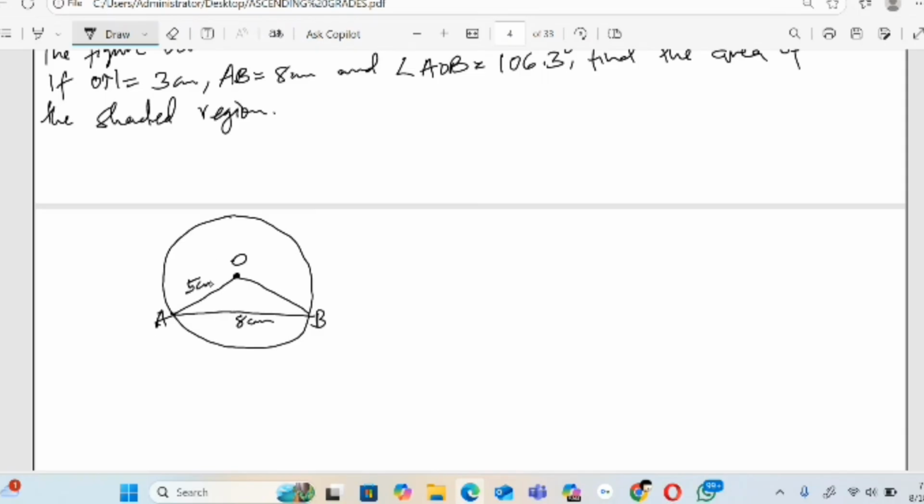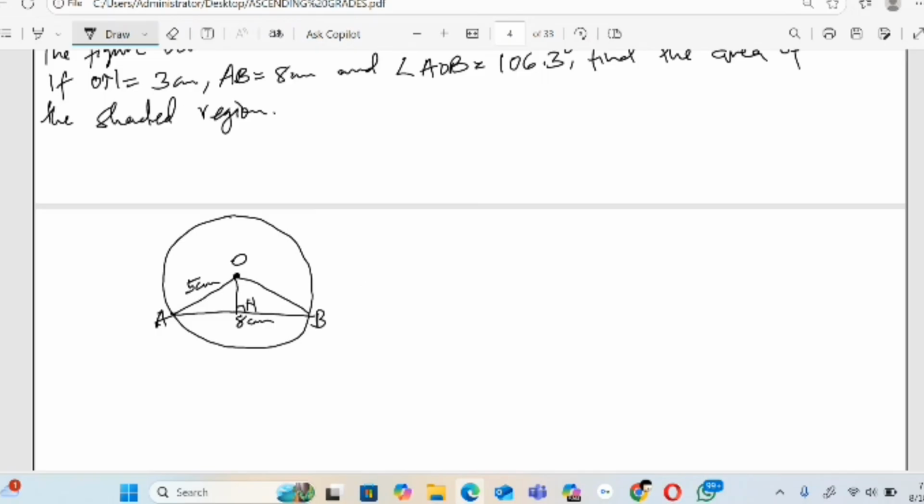We have point N there, the middle of that line.